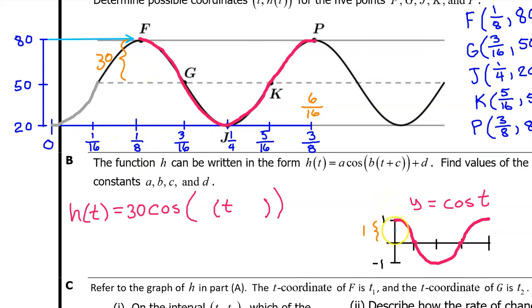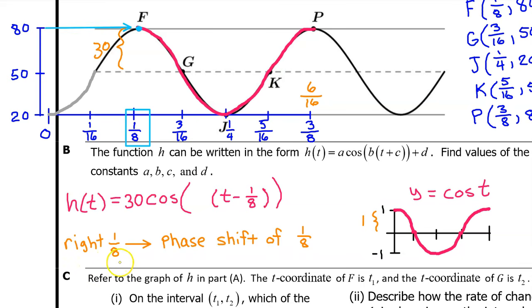Normally, the parent function starts at 0, but this period of cosine starts at 1/8. The horizontal translation always shows up as the opposite of what it appears. So, with a horizontal translation of positive 1/8, we put minus 1/8 in the function. So the c value is negative 1/8.